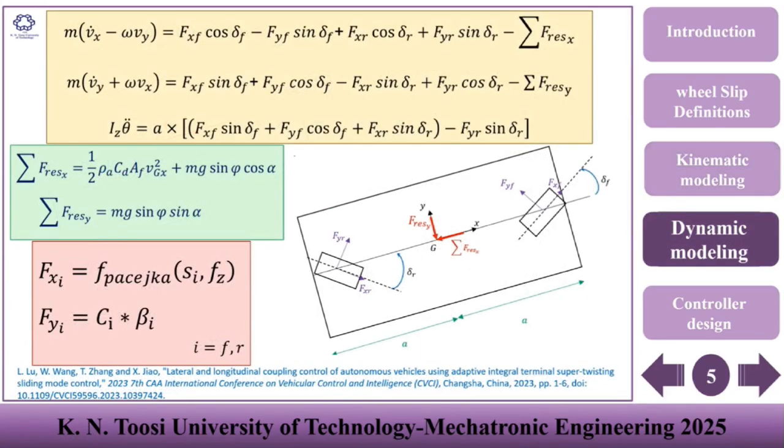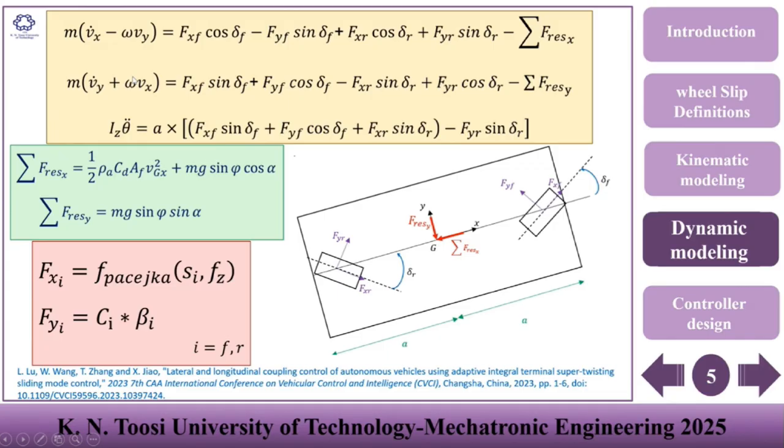Next, we can go to model the dynamic of our robot. These are the same lateral and longitudinal forces that act on the robot, plus some other external forces, which are the air drag force and the projections of the gravity. The acceleration terms on the left side are composed of the derivative of the velocities and the rotation-induced terms.